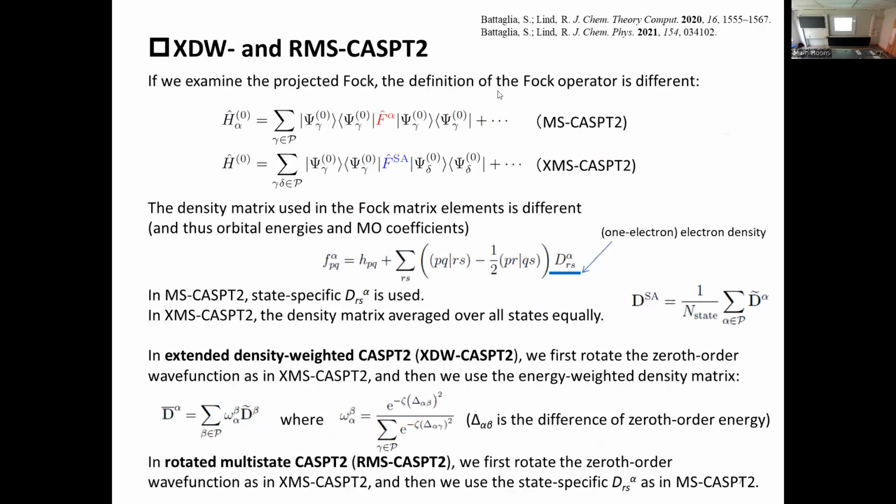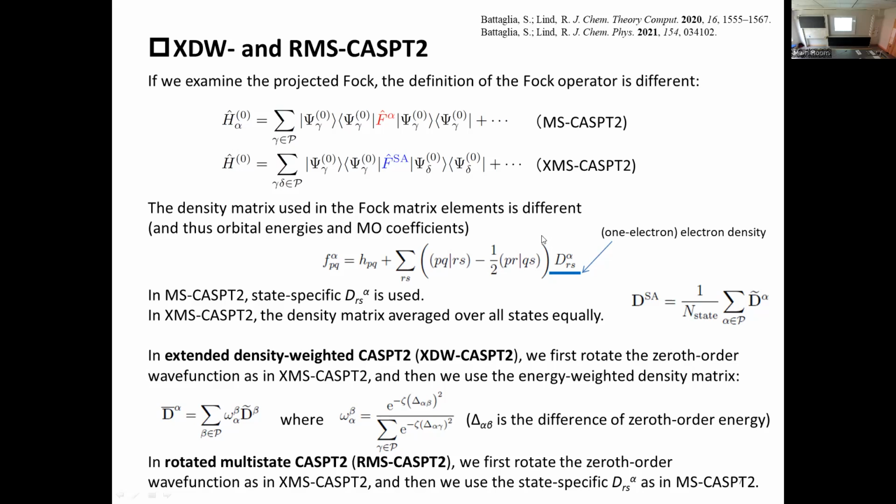But the problem is now the Fock operator is different between MS-CASPT2 and XMS-CASPT2. This F alpha and F SA are different.